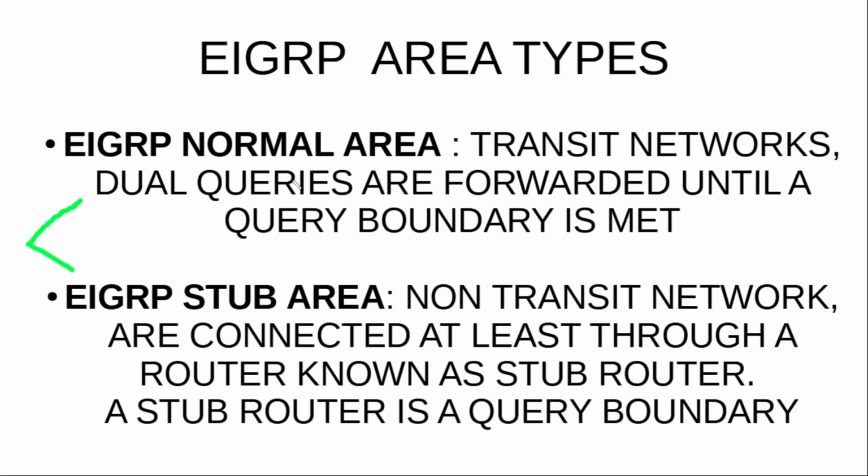The normal area parts of your network are transit networks where DUAL queries are forwarded until a query boundary is met, whereas a stub area is a non-transit network that is connected through a router known as the stub router. Stub routers are query boundaries.